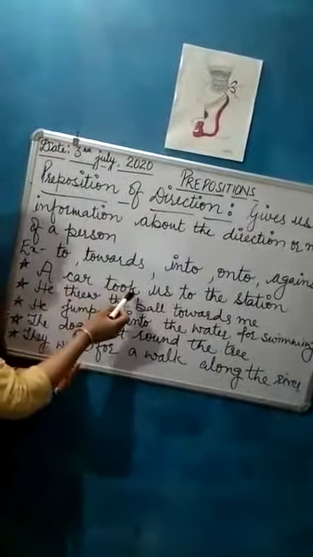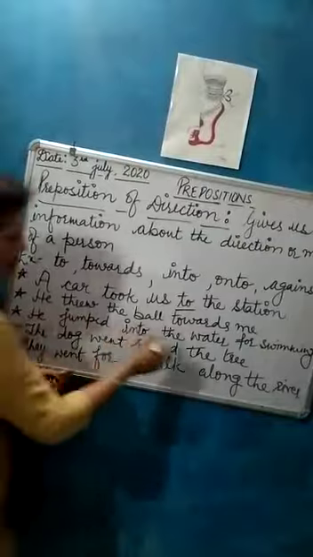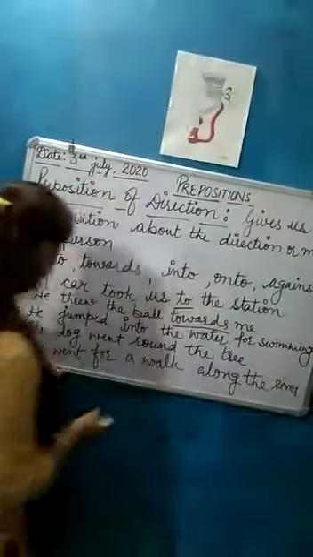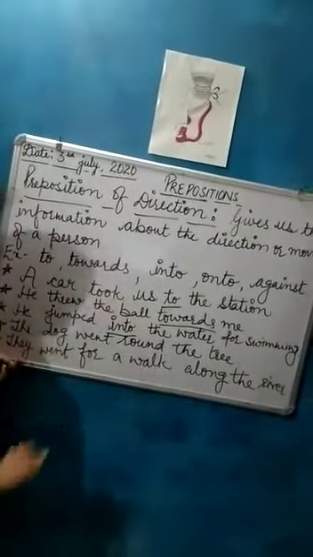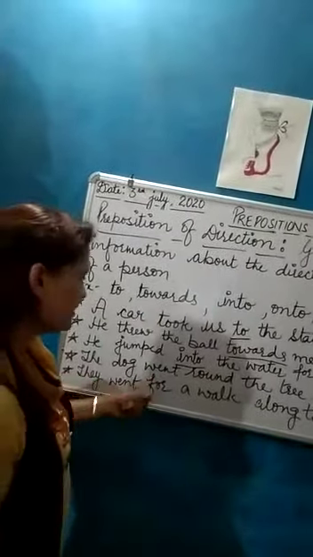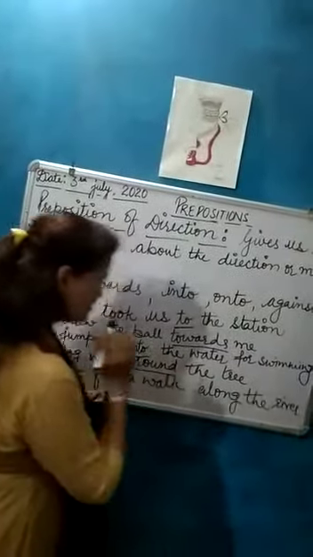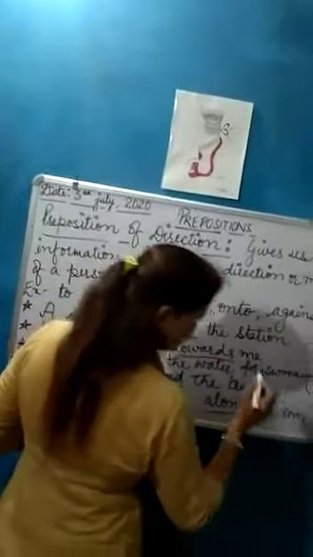A car took us to the station. He threw the ball towards me. He jumped into the water for swimming. The dog went round the tree. They went for a walk along the river.